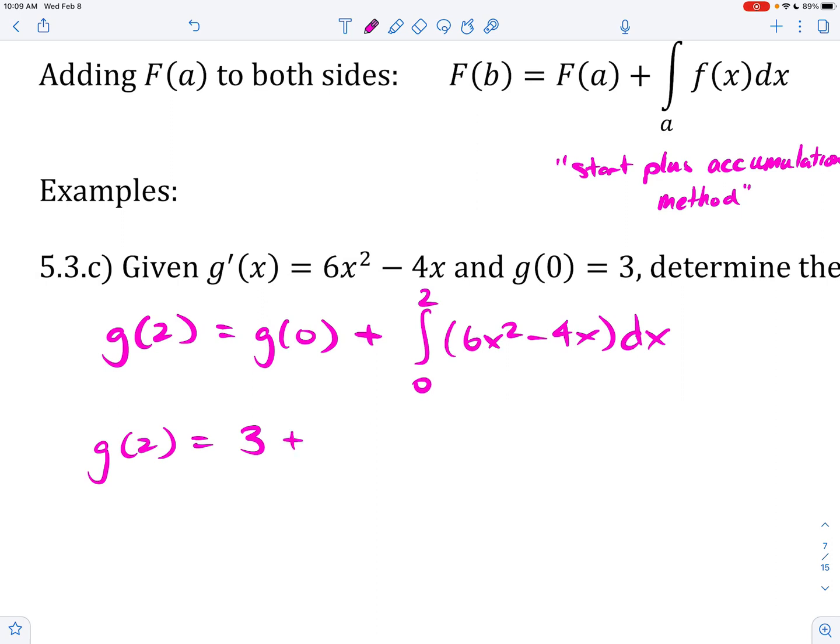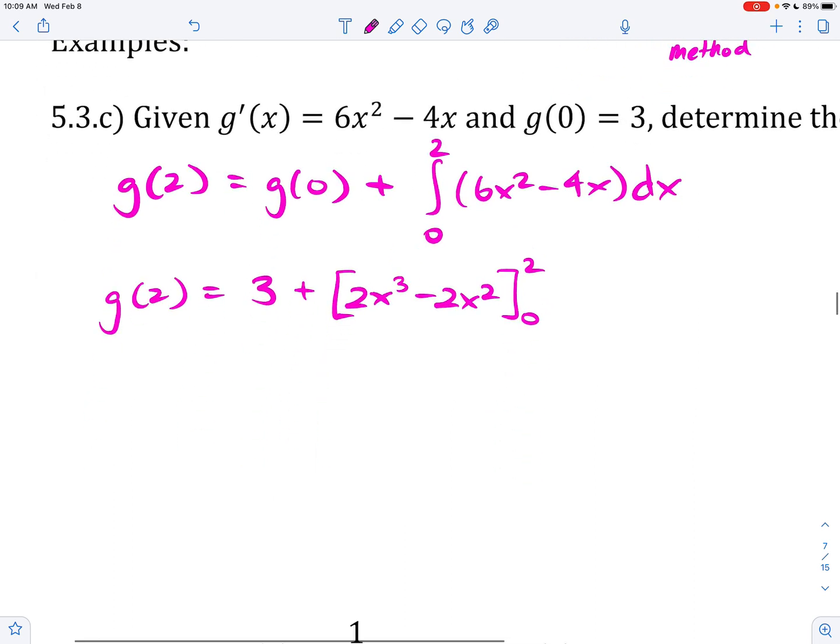And then this particular definite integral, its antiderivative is 2x cubed minus 2x squared, and we're going to take that from 0 to 2. Note that this 3 is not involved in that antiderivative. It's not part of this 0 to 2, so it doesn't get factored into that part.